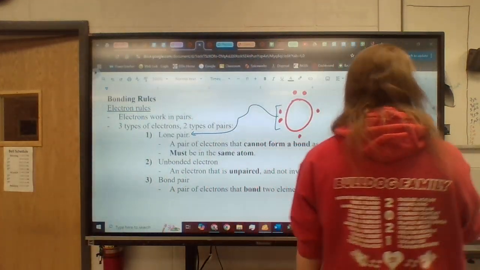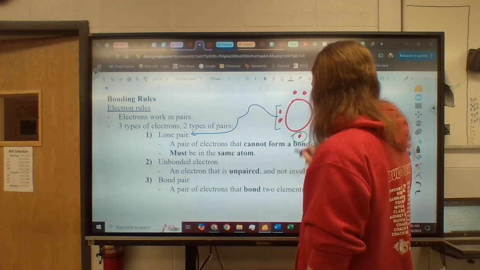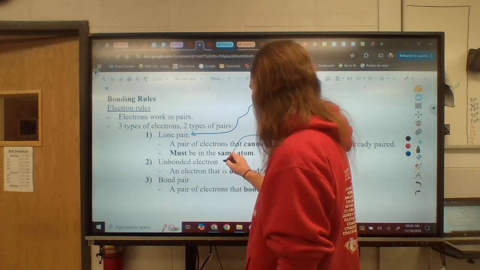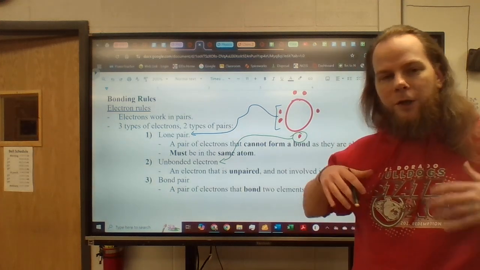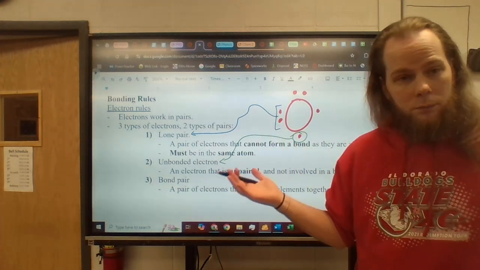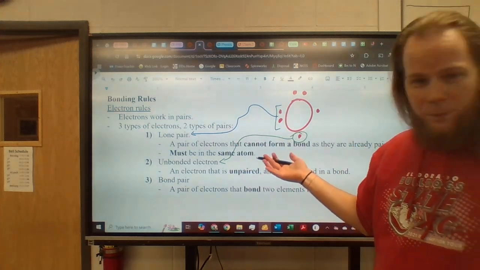And then we also have unbonded electrons, which are the electrons that are by themselves. They're basically single. They don't have a partner. They're on their own.